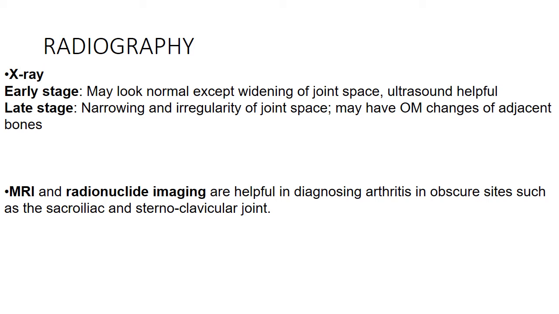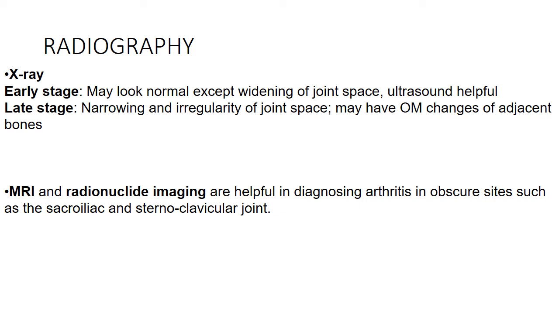In radiography, in early stages, the joint may look normal, except widening of joint space and some expansion of joint capsule. So in this stage, ultrasound is more sensitive than X-ray, and if that infection has started to cause damage within the joint, you will see some changes in radiography.